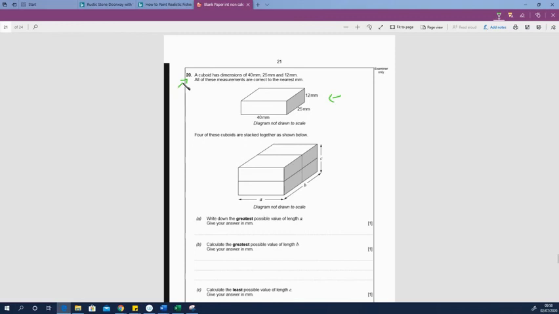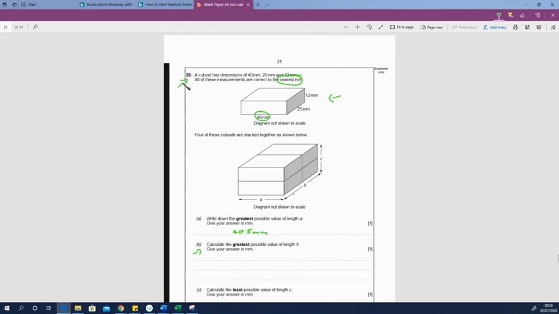Well, length A is 40 millimeters, but it's to the nearest millimeter. So it could be 40.5 millimeters, because that would be 40 millimeters to the nearest millimeter. The next question, calculate the greatest possible value of the length B and give your answer in millimeters.